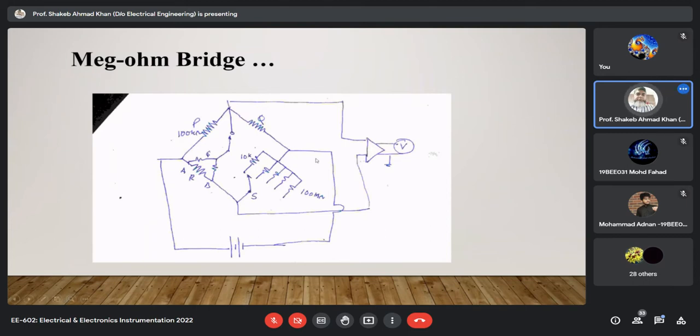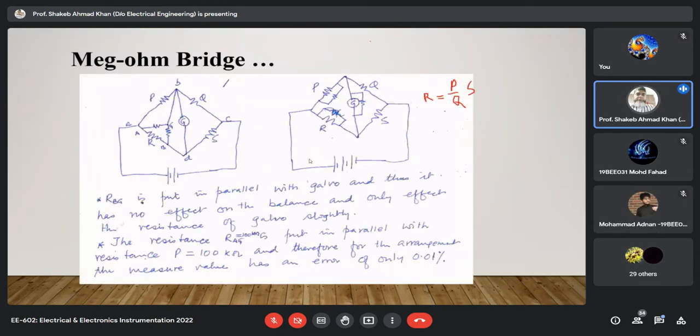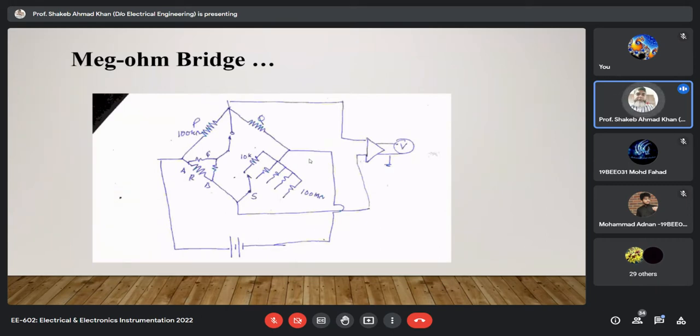So this is a typical mega ohm bridge, and the concept on which it works, I had already described. So this is the last topic of this unit. In this unit, we discussed different methods for measurement of resistances, and on the basis of measurement, the whole lot of resistance values are divided into 3 parts.